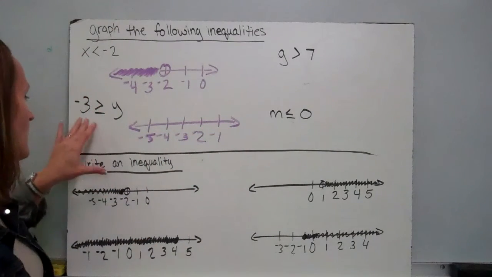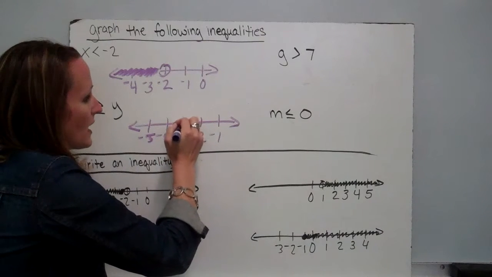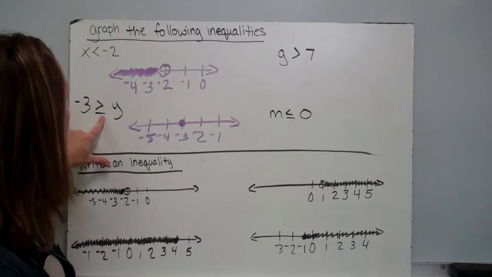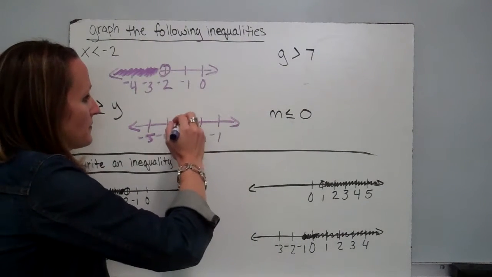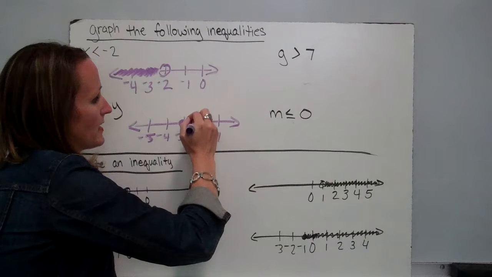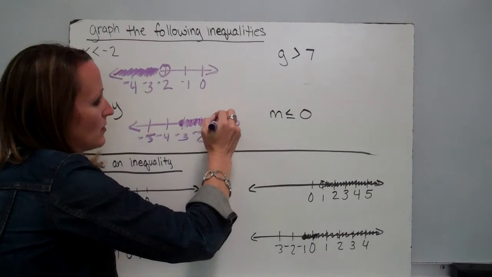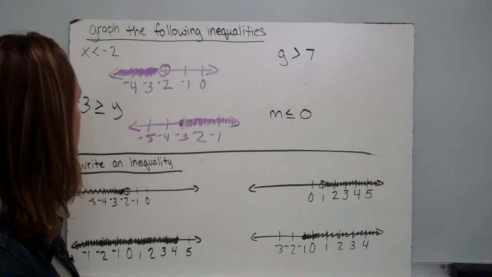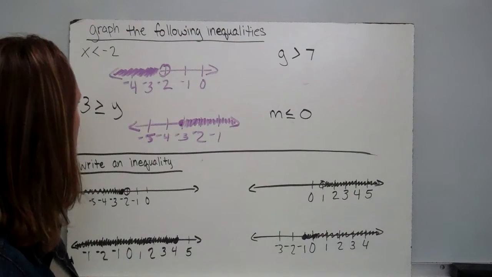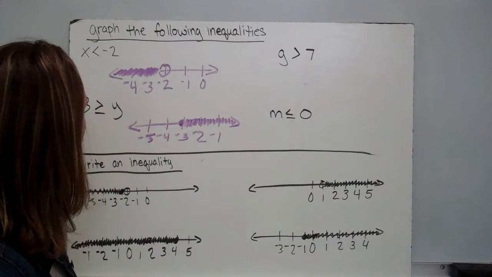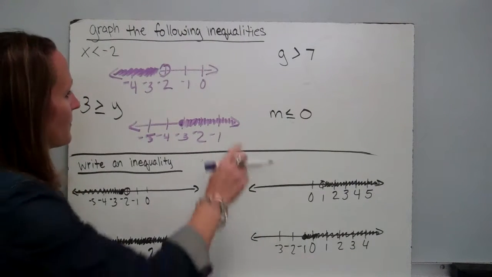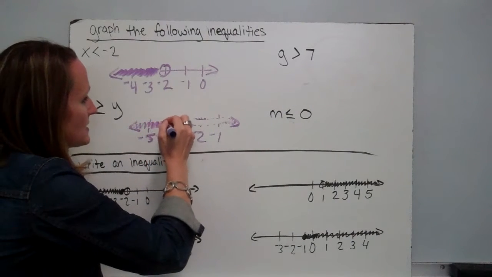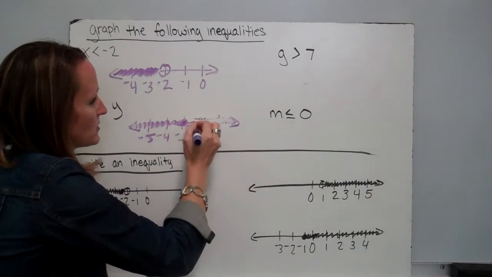This time I want to use a closed dot, and I'm saying -3 is greater than or equal to y. Since it's greater than y, I'm going to go this way. That means y is less than -3. I still want my closed dot.